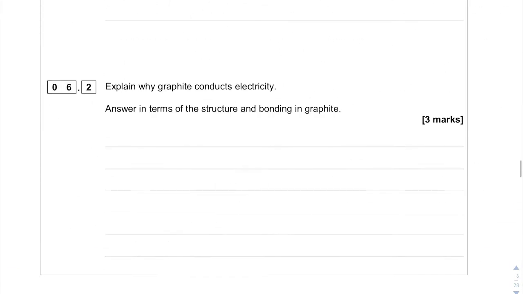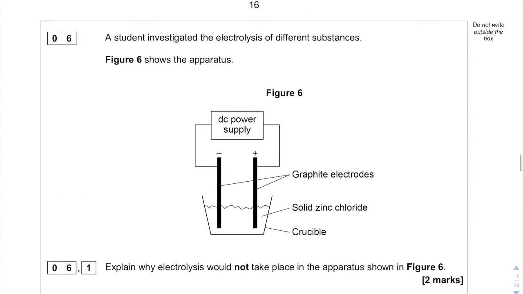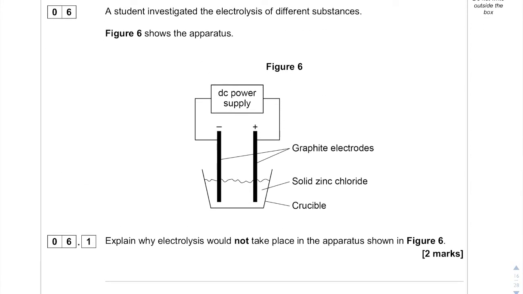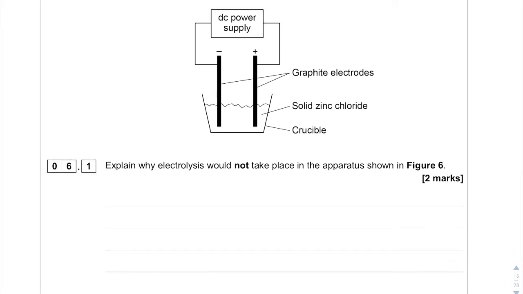Right, so we are back with question 6. A student investigated electrolysis of different substances, and we have a DC supply system ready. You've got graphite electrodes, solid zinc chloride, and a crucible. Why would electrolysis not take place in the apparatus?